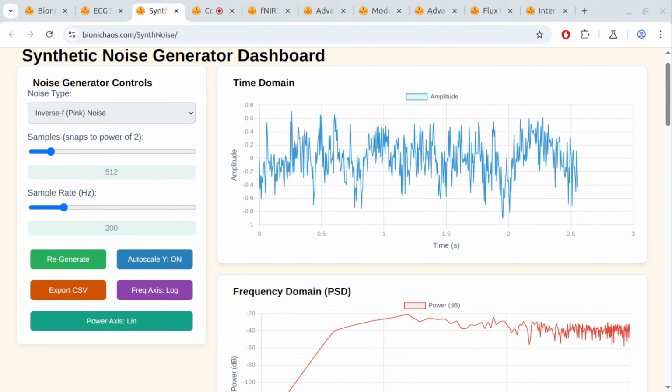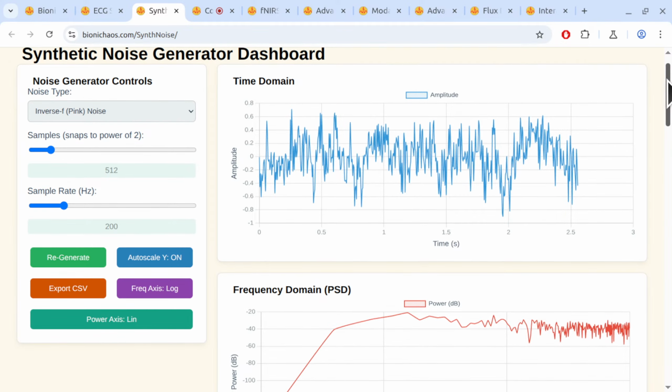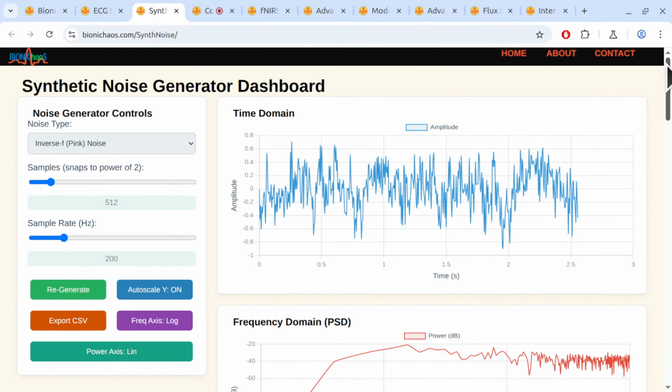You can see the complete graph, including the power levels across the frequency axis. Can you double check again? Yeah, just confirmed. The frequency domain chart is fully visible on the screen right now. Nothing is cut off, and you can see the complete power spectrum graph.